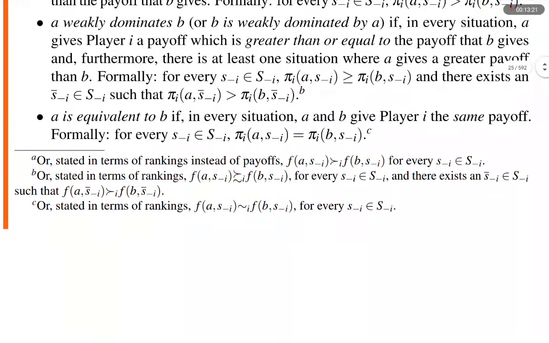Or, stated in terms of rankings instead of payoffs, F of (A, S sub negative I) is better than F of (B, S sub negative I) for player I, for every S sub negative I an element of capital S sub negative I.